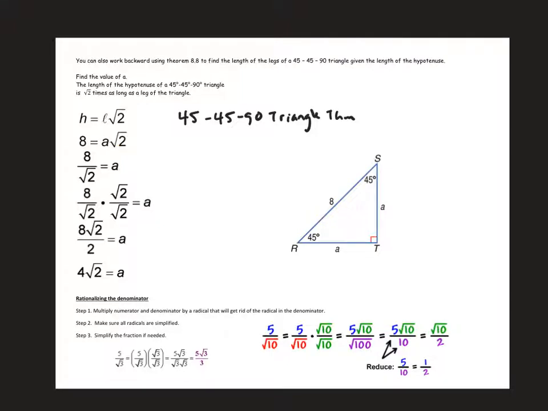Well, if we want to solve for the variable a, we got to get a by itself. So that was step number 2, substitution. And then I'm going to ask myself, how do I go from 8 equals a square root of 2 to 8 divided by the square root of 2? And simply, we just divided both sides by the square root of 2.